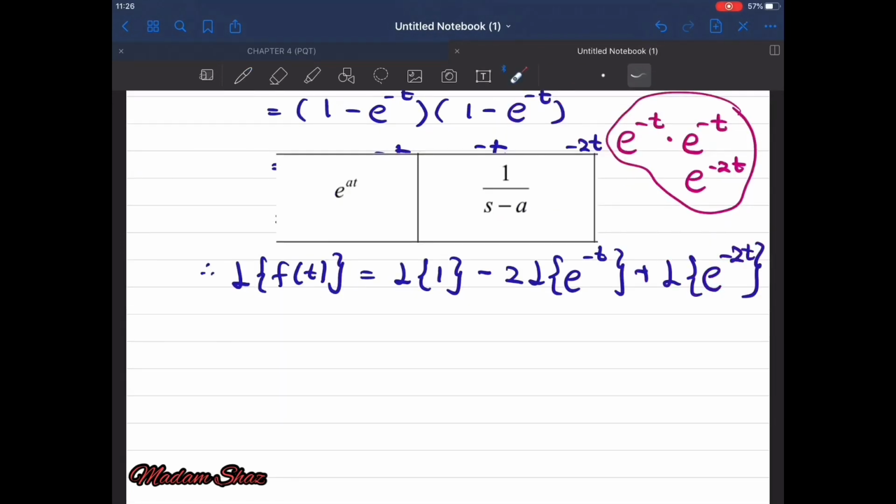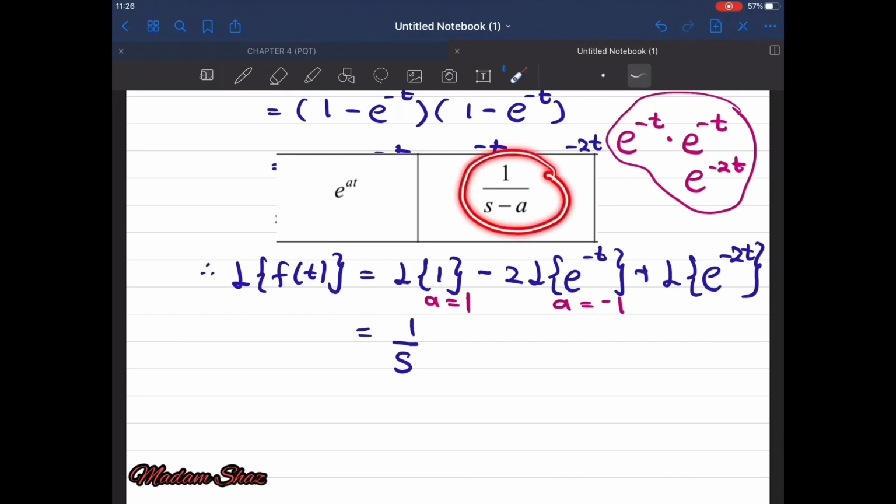By referring to the table, Laplace of 1, which is Laplace of a, will become a over s. So this will become 1 over s because our a is equal to 1. For the negative 2 Laplace of e to the power of negative t, we refer to e to the power of at. Our a is equal to negative 1.